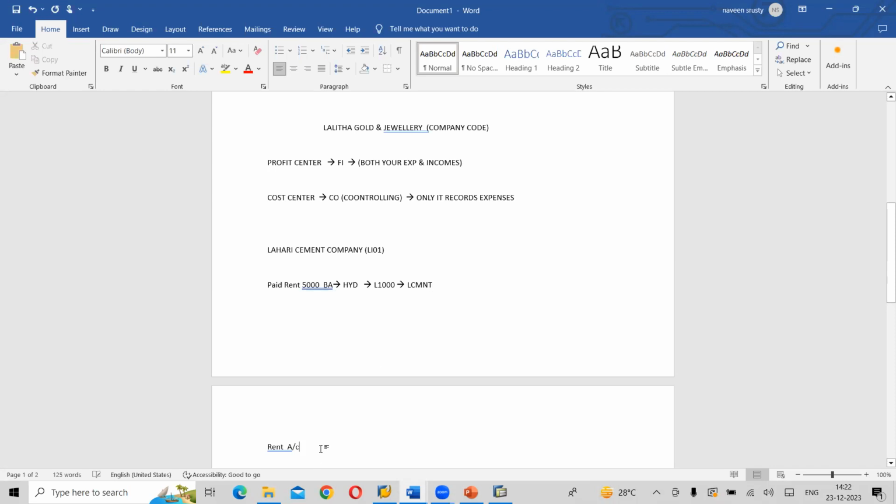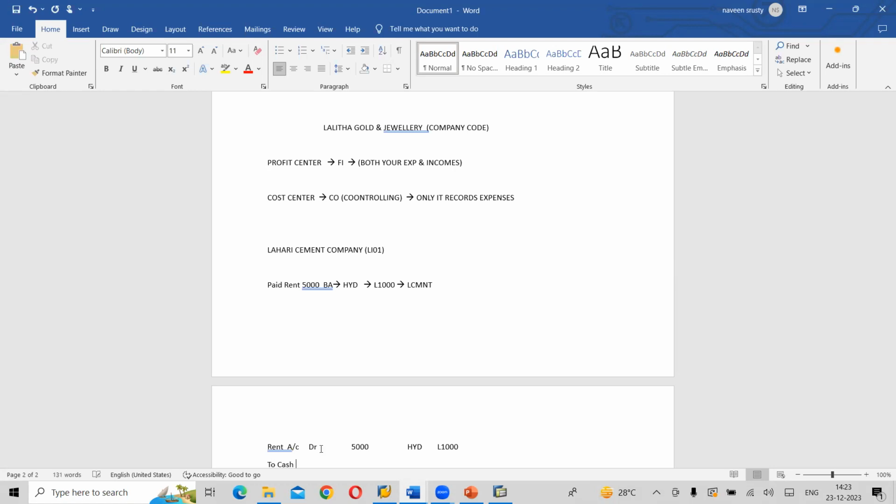So how do we enter the transaction? The end user will enter the transaction: rent account debited 5,000, business area Hyderabad, and segment L1000.